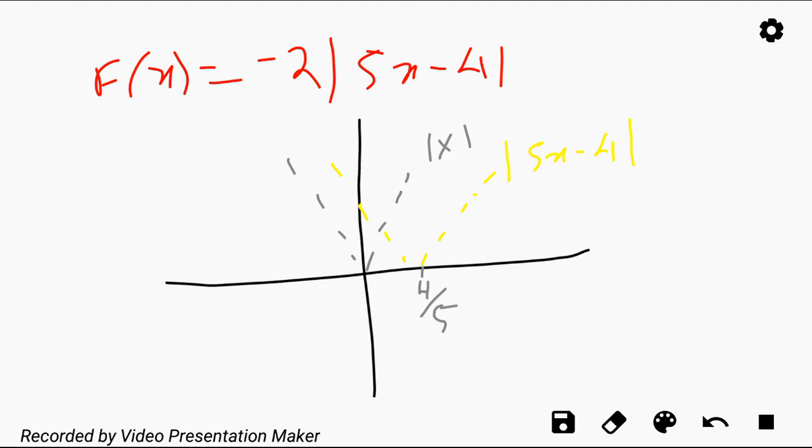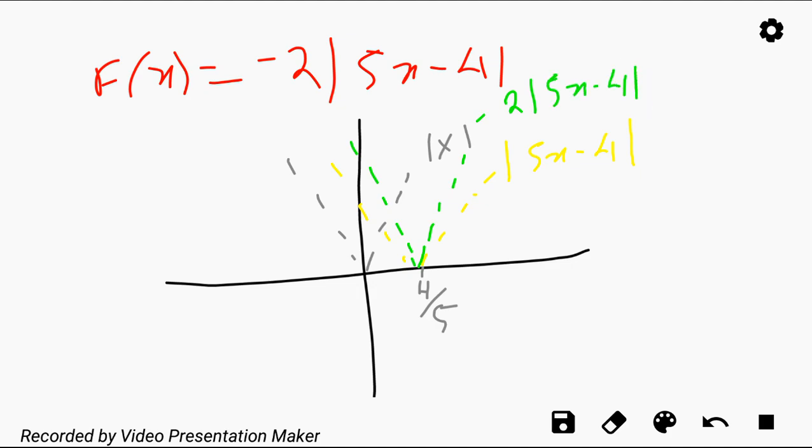We have a thing we call shrinking and swelling. So this 2 is going to make your graph shrink, meaning you're going to have something inner, hitting there, there and there. So this one here is going to be 2 modulus of 5x minus 4.